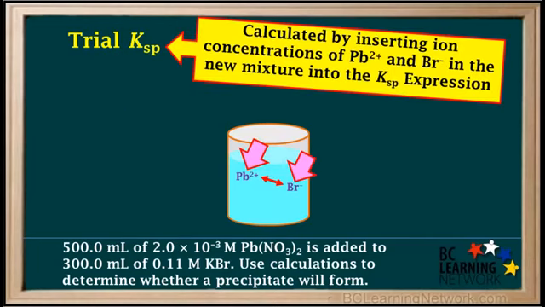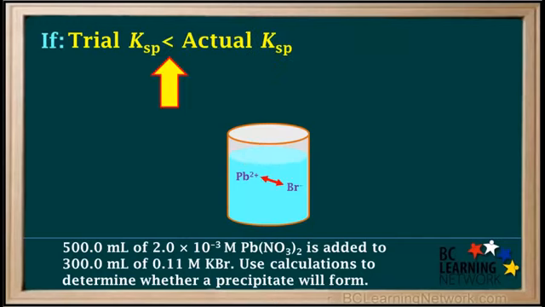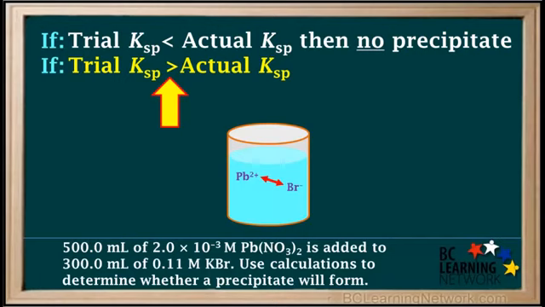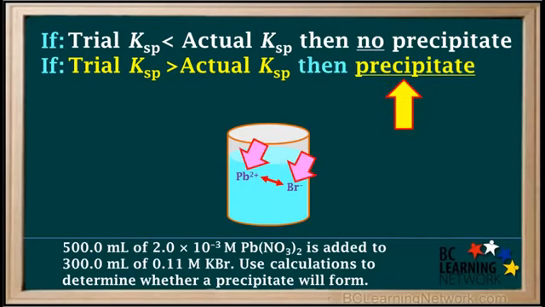The trial KSP of PbBr2 is calculated by finding the concentrations of Pb2+ and Br- in the new mixture, and inserting these into the KSP expression for PbBr2. It is called trial because these concentrations are not at equilibrium. Here's how it works. If the trial KSP is smaller than the actual KSP for PbBr2, then no precipitate will form. But if the trial KSP is greater than the actual KSP, then a precipitate will form.